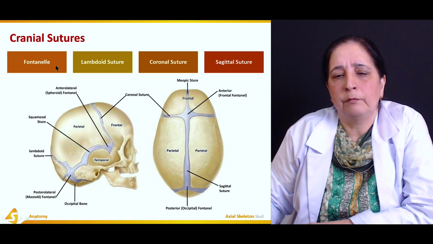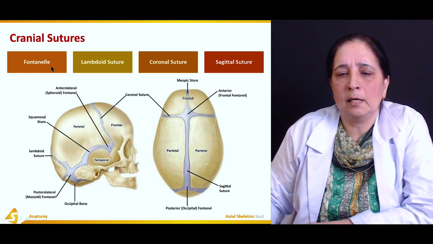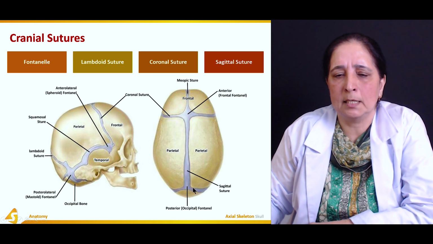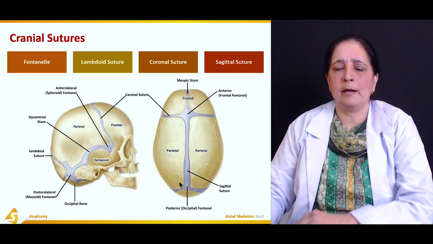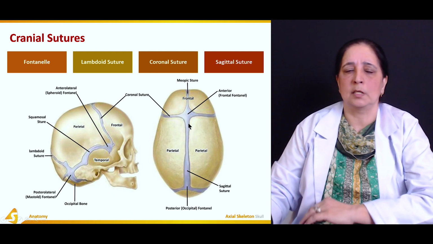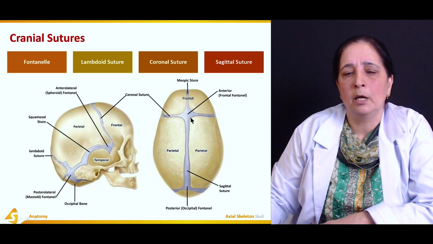First, fontanelle. What's the fontanelle? Fontanelles are these soft, unossified spaces. In newborn babies, if you feel their head, you feel a soft spot. These soft spots are the fontanelles.